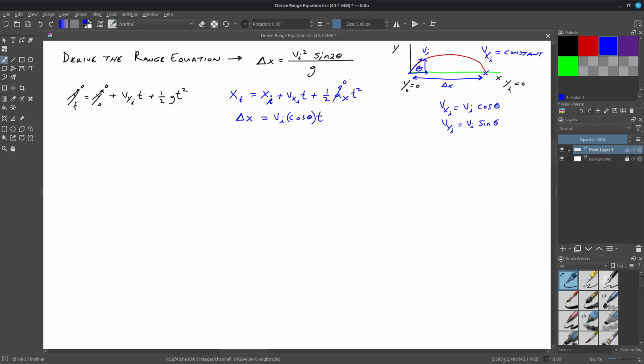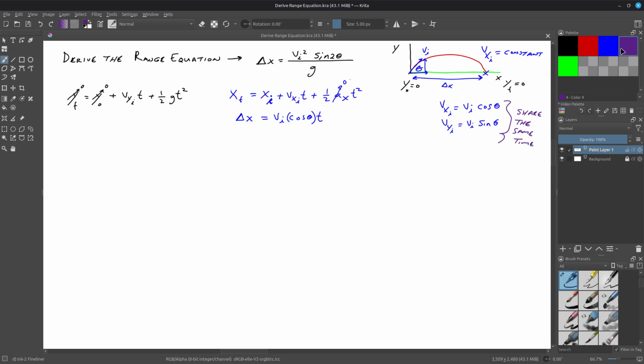Ooh, interesting. Both equations have t. All the vectors share the same time. These three vectors, well, I have the two vectors here, but it's three vectors, share the same time.